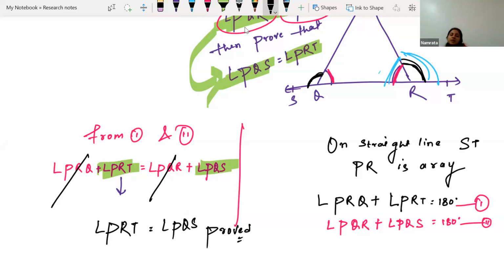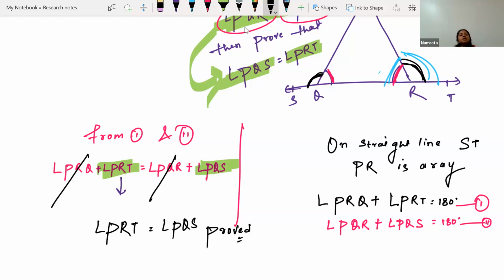Let me summarize what we have done. We are having a triangle where the inside angle over here and the inside angle over there are equal. We have to prove that the exterior angle on the left and the exterior angle on the right are also the same. The interior and the exterior angle on the left are making a linear pair, and the interior and exterior angle on the right are also making a linear pair.